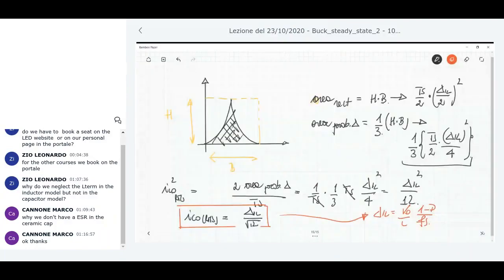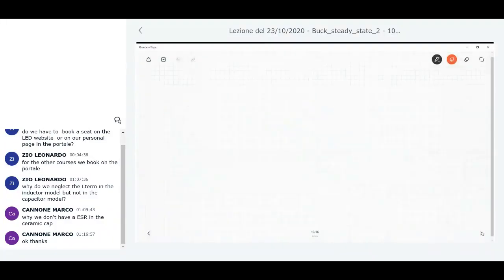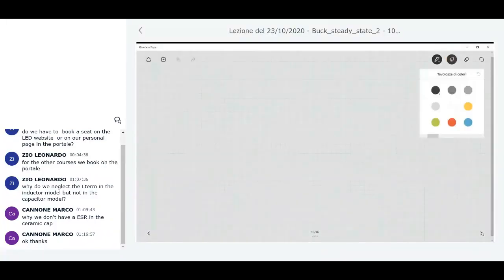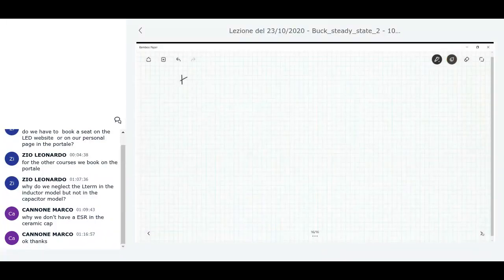And I'd like to point out an important question, that is Kirchhoff current law. Up to now I applied this Kirchhoff current law for instantaneous values of currents, so the current that changes from time instant to time instant. And then I applied Kirchhoff current law for average values.